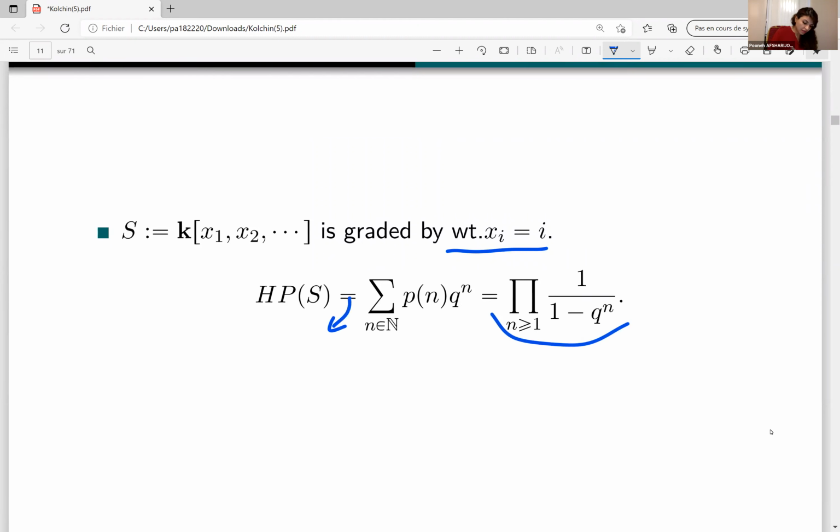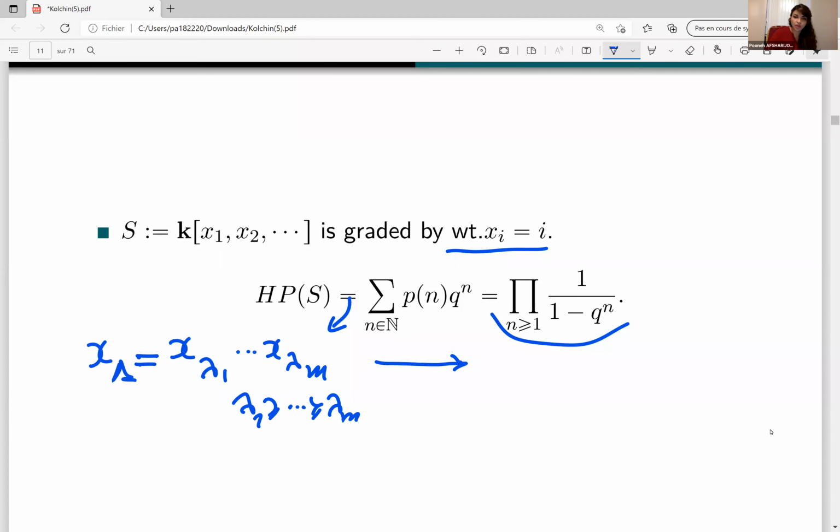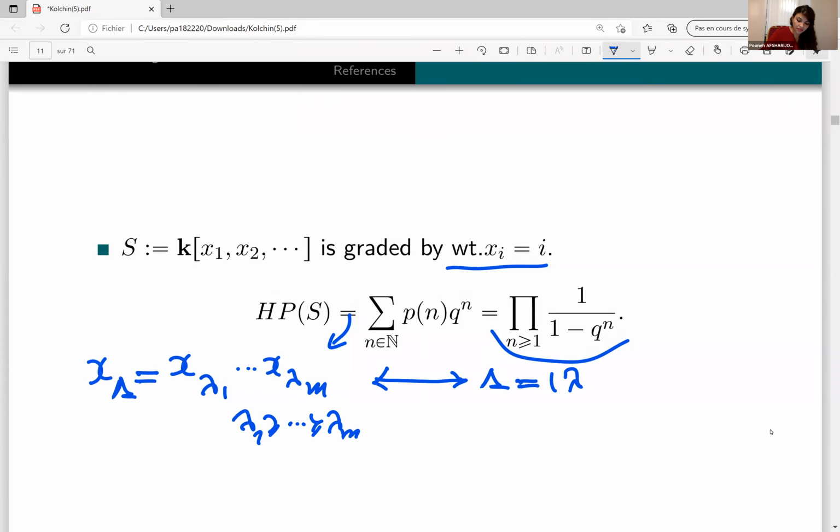Actually, this equality comes from the fact that to each monomial, let's say x_lambda of S, where lambda 1 is the greatest one, we can associate a unique partition lambda 1 till lambda m of the sum of lambda i's. So we use the Hilbert-Poincaré series of graded algebras to find partition identities.